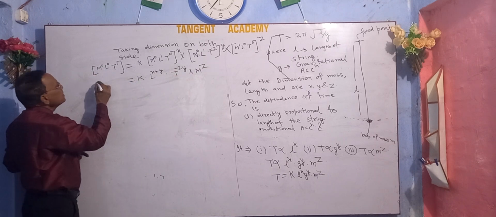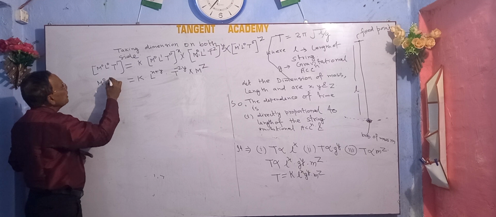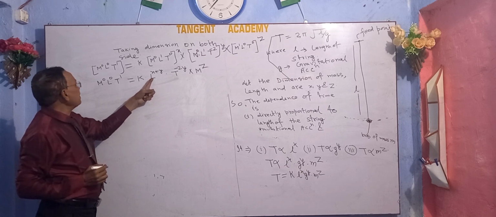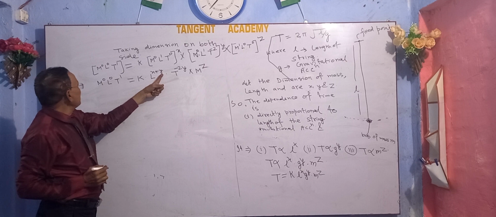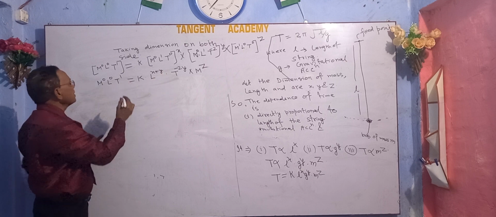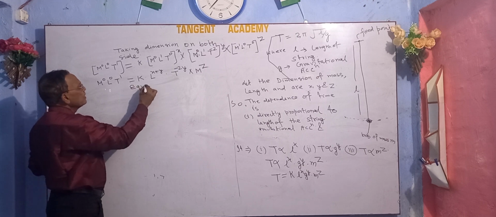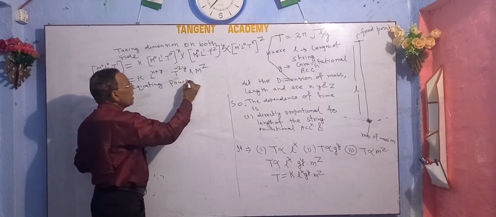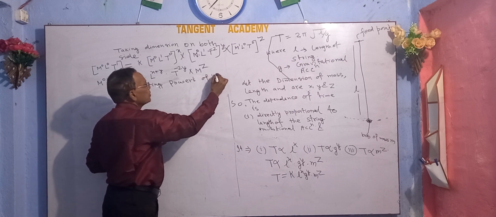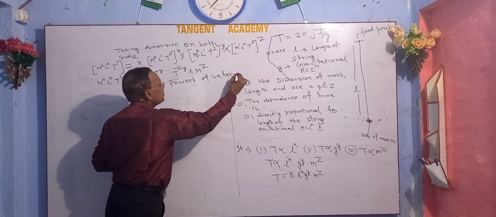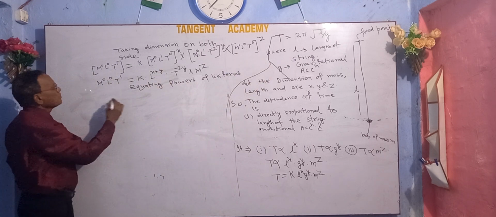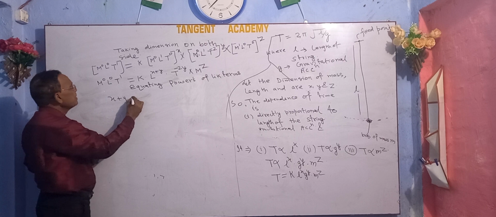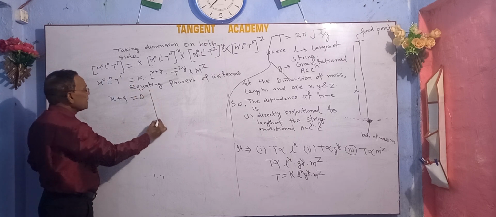Now the left hand side is M0, L0, T1. Equating the powers of like terms: here length has x plus y dimension, and in the left hand side length has 0 power, so we equate it to 0.